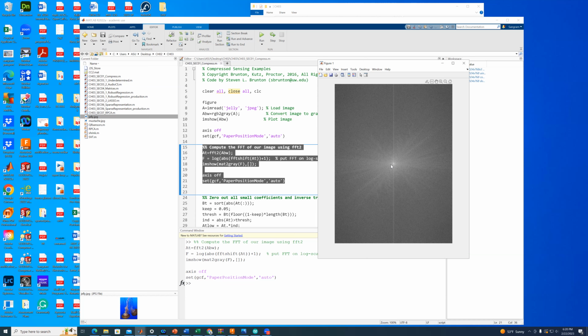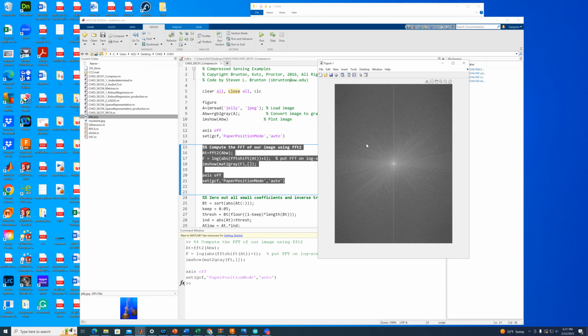There is some white, which is located in the center. That center part has some significant components. But everything on the sides is all gray or dark, which means the components around this area are not significant.